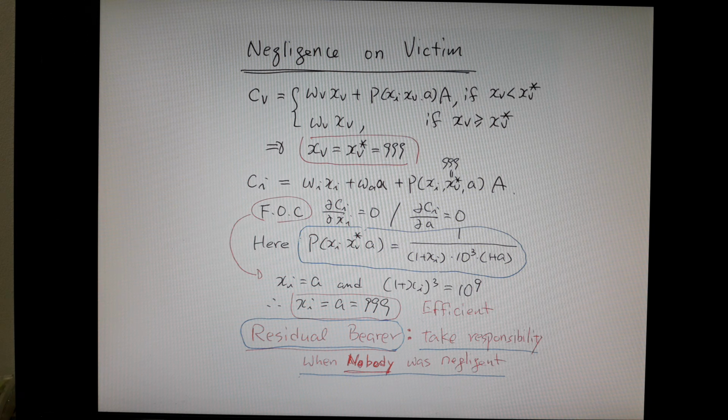So even though the government does not tell me to, I will sleep a lot and I will reduce my driving time to the optimal level. Okay? So the key point is making the person who has the activity level which cannot be directly regulated the residual bearer, then social efficiency in tort law can be achieved.